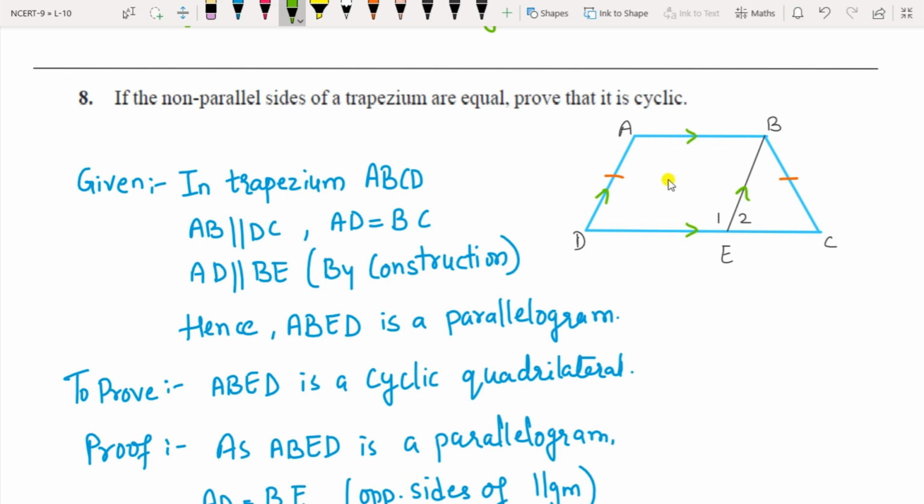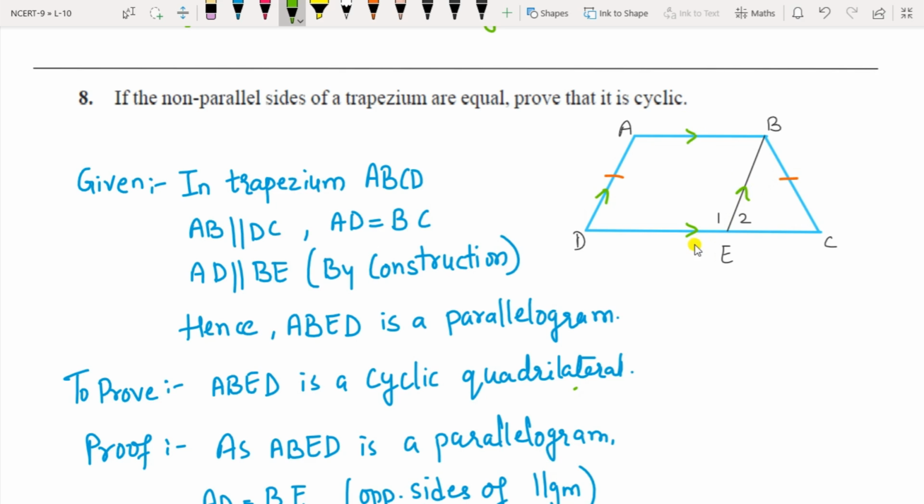You have to prove that ABED is a cyclic quadrilateral. Now, property of cyclic quadrilateral, we know that opposite angles are supplementary, so that we have to prove. Now consider ABED, that is a parallelogram, since opposite sides are parallel to each other.